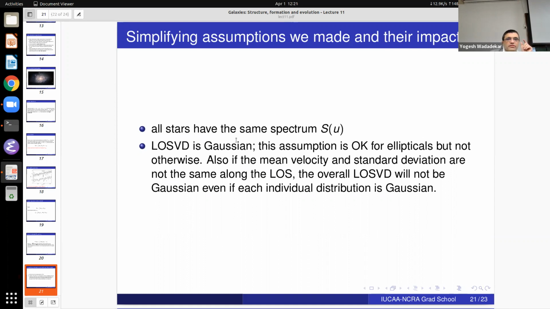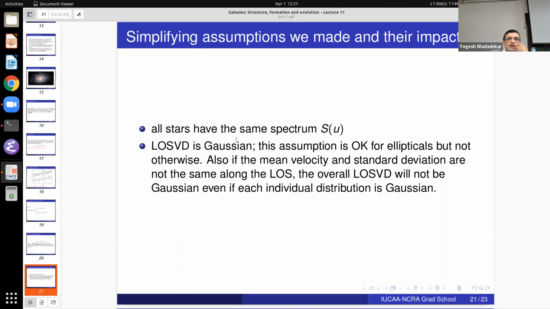But we also assume that the LOSVD is Gaussian. And this assumption is okay for ellipticals, but not otherwise, right?